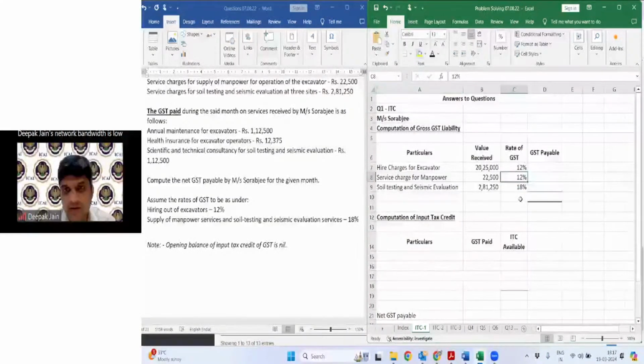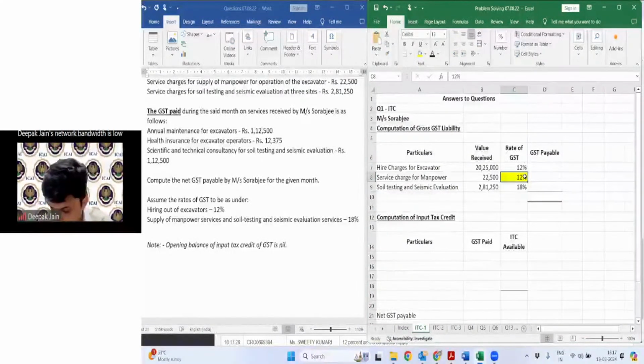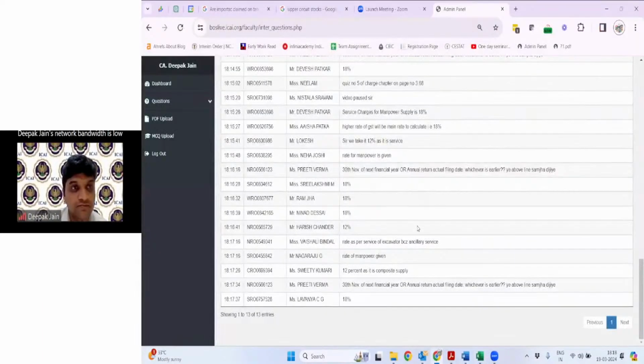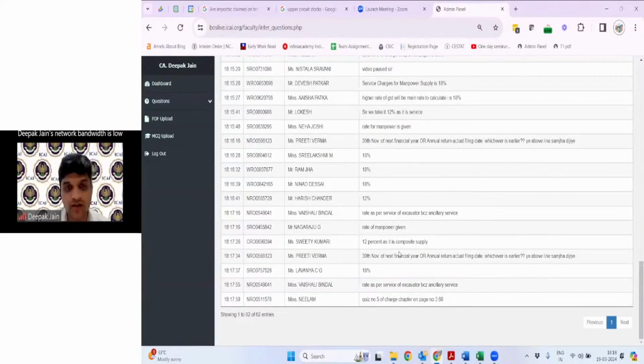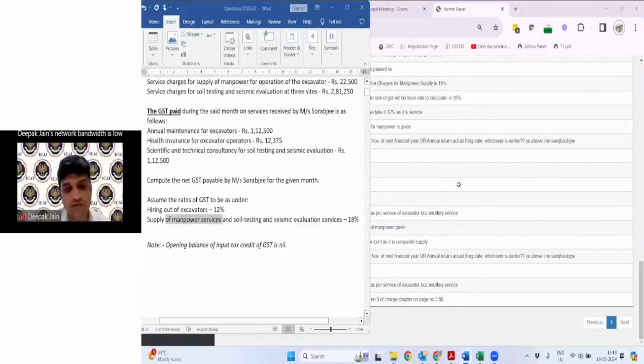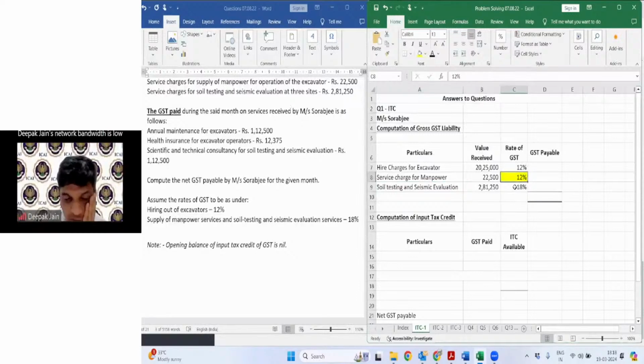So do you think this 12% is a mistake? Many are now saying that since I made a mistake in not seeing this part, the rate should be 18%. But if you see in my working, I have considered 12%. So do you think the 12% rate is wrong, or is it correct?